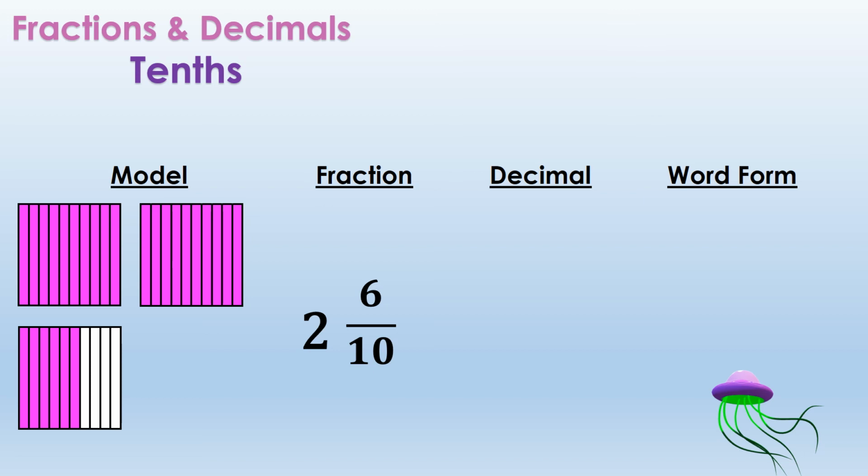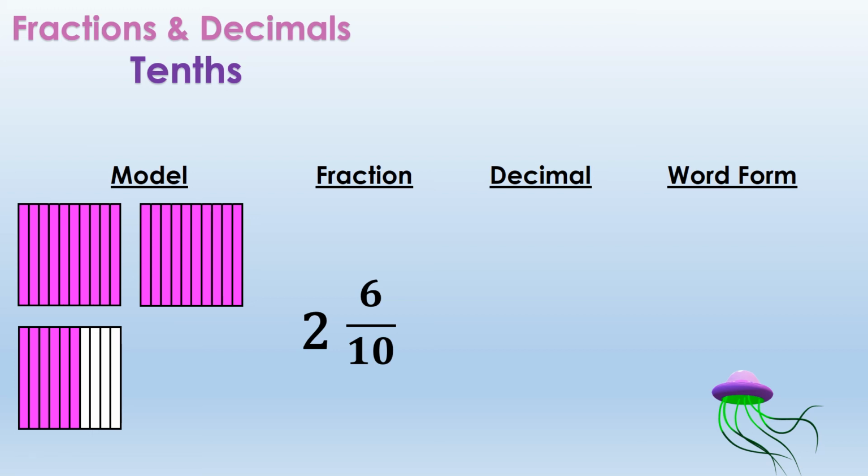Now let's take care of my fraction. I have 6/10. My numerator is 6, so I'm going to have 6 shaded out of a total of 10 equal groups. So my model says 2 and 6/10.